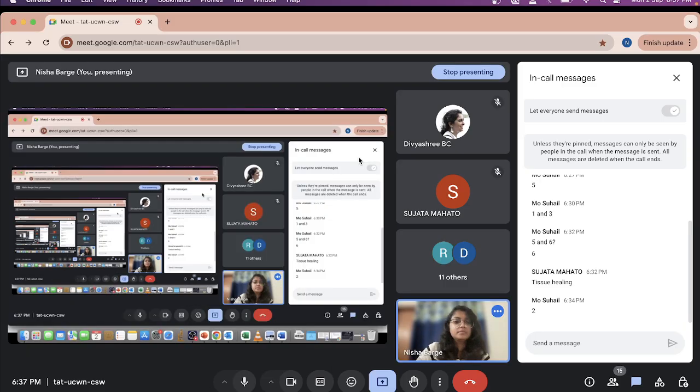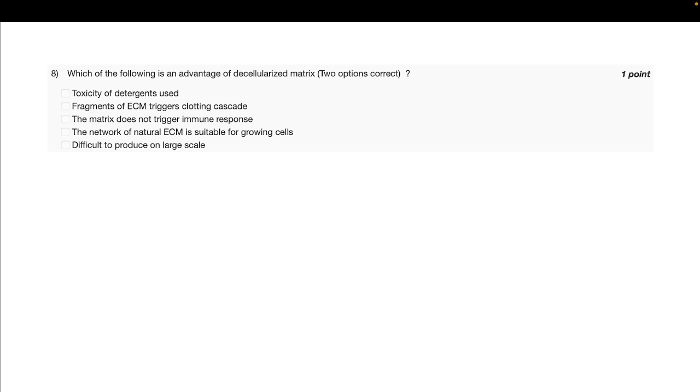Anyone in the chats? No one? Okay, then we'll discuss the answer. So the correct answer is the matrix does not trigger immune response and the network of natural ECM is suitable for growing cells. These are the advantages of decellularized matrix.